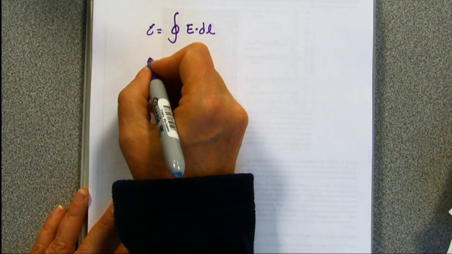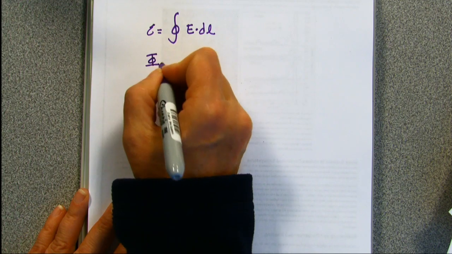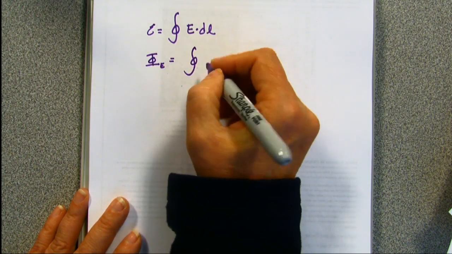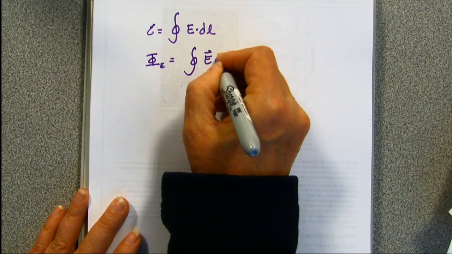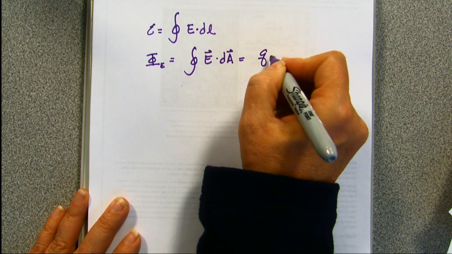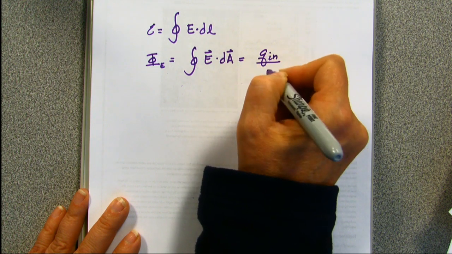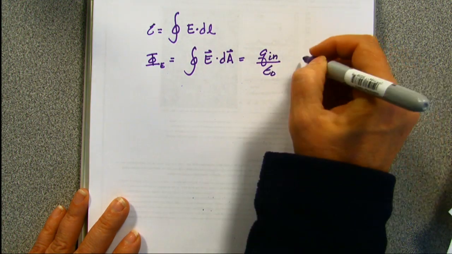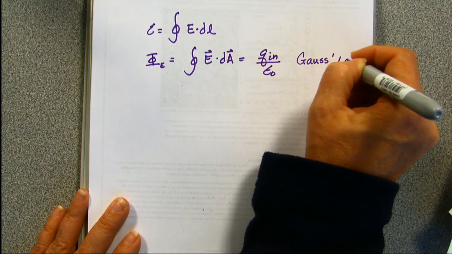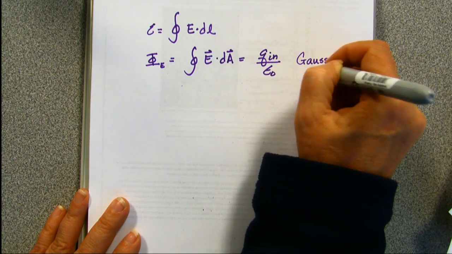We also talked about Gauss's law for electricity, and we said if I went over a closed surface for my electric field, according to the area, that was going to equal whatever the charge inside was divided by the permittivity of free space. And this was Gauss's law, and this is for electric fields.